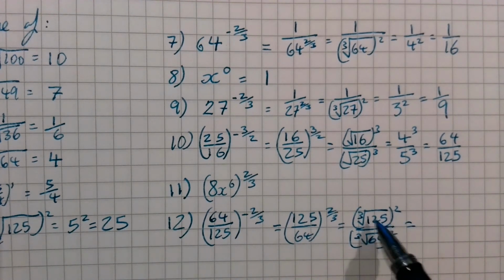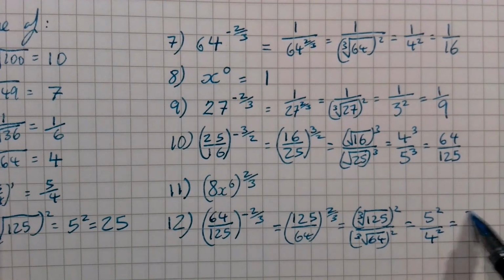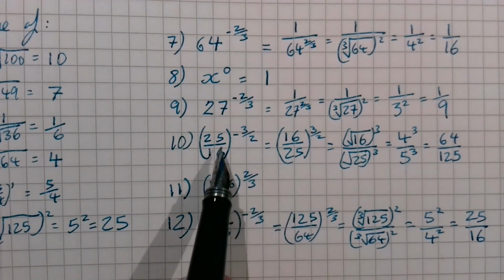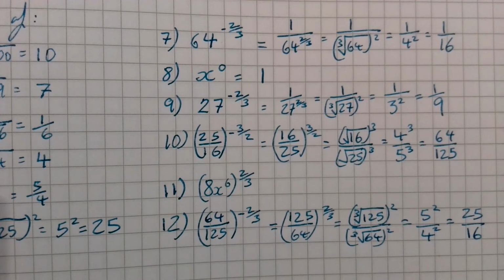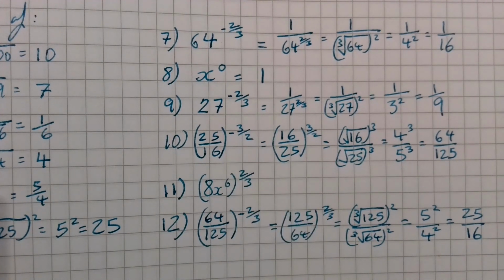And we're actually asking for the same thing, aren't we? We're asking for 5 squared there. We're asking for 4 squared there. So that gives us 25 on the top and 16 underneath. And you can see that we've ended up where we started, only upside down because of these powers being the other way up.